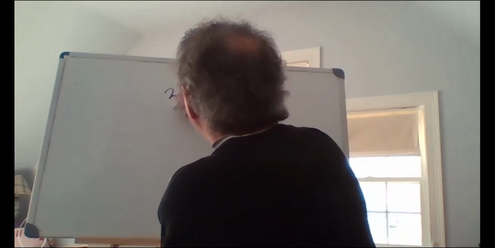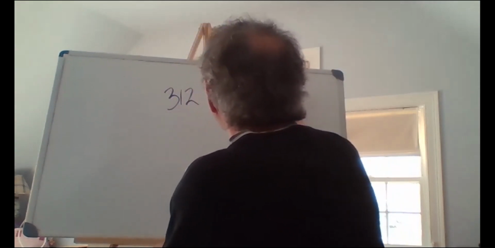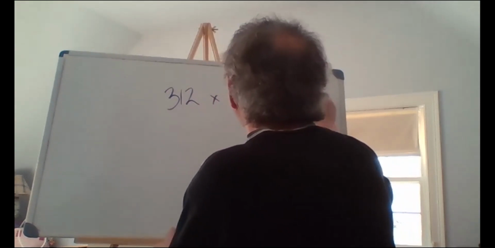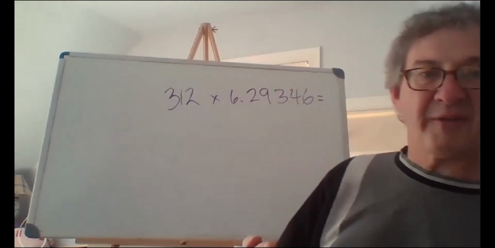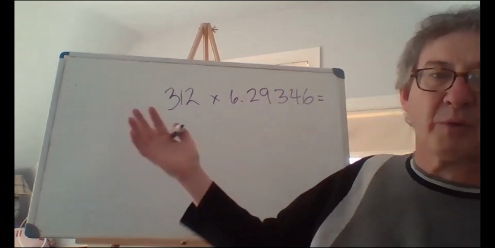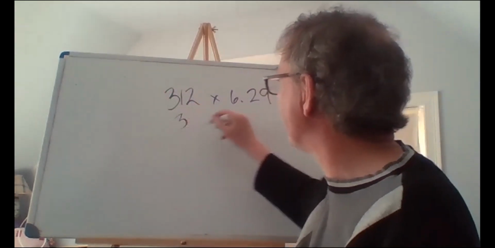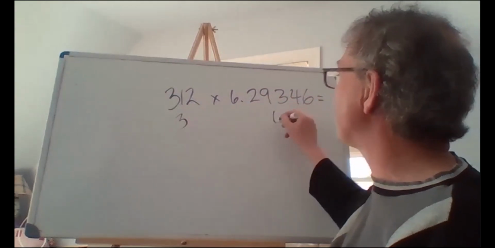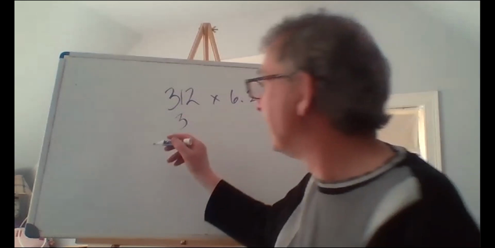So how many significant figures is my answer going to have? Well, whichever one has less. In the case of multiplication and division, this has 3, this has 3, 6. So my answer is going to have 3 significant figures.